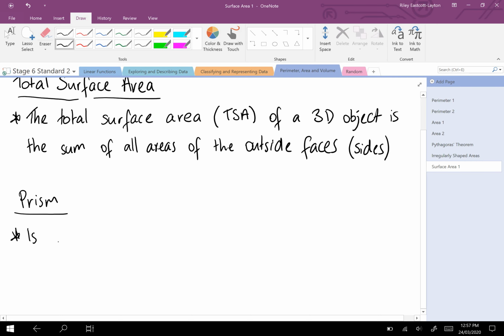So a prism is a three-dimensional shape with identical opposite ends joined by straight edges.